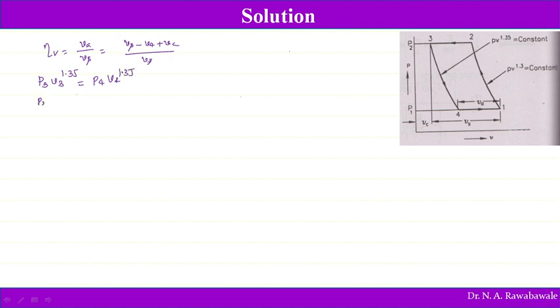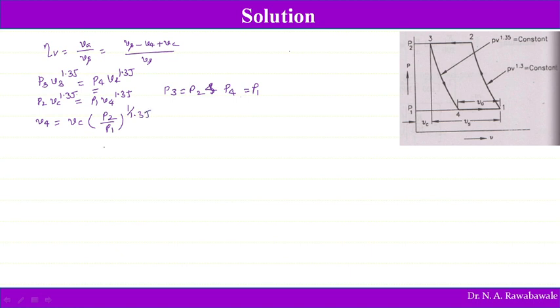P3 is nothing but P2, and P4 is nothing but P1. On further simplification, V4 is equal to Vc times P2 divided by P1 to the power of 1 over n.